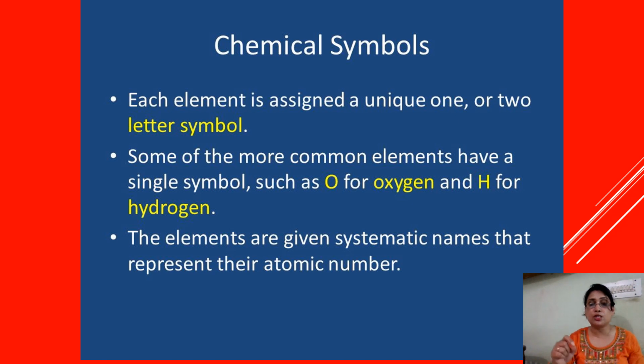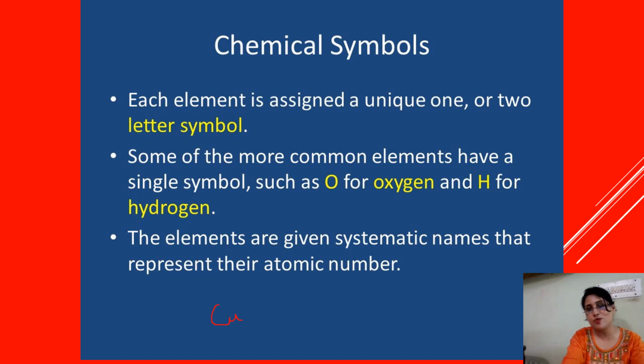to the elements with the first letter of its name. Like oxygen, it is already there. Oxygen is represented by O, hydrogen is represented by H. Whereas if I say copper, it is Cu.